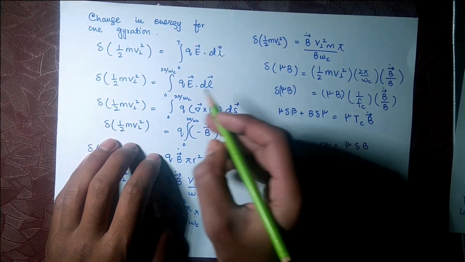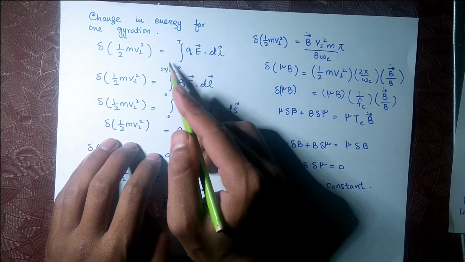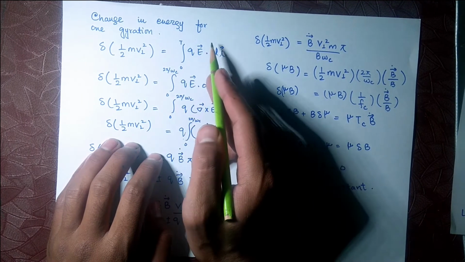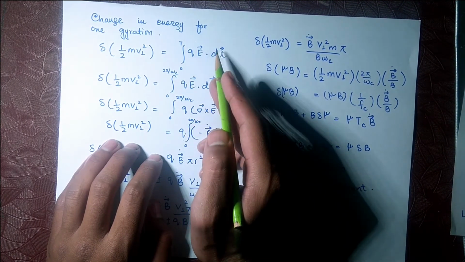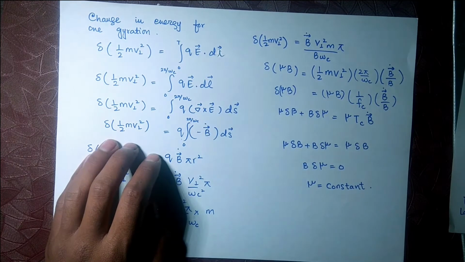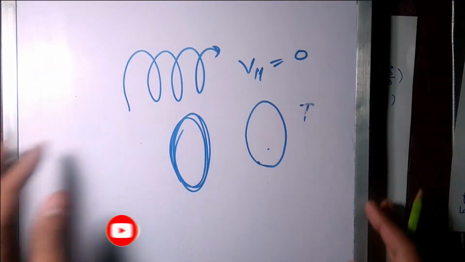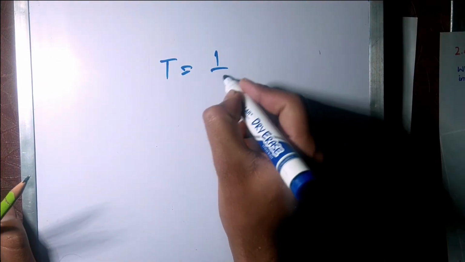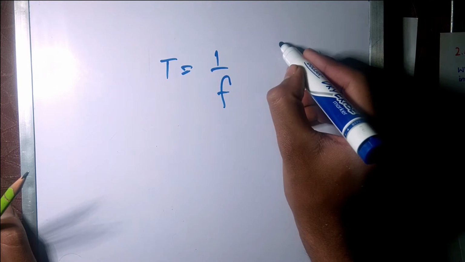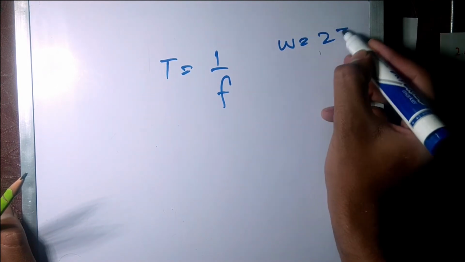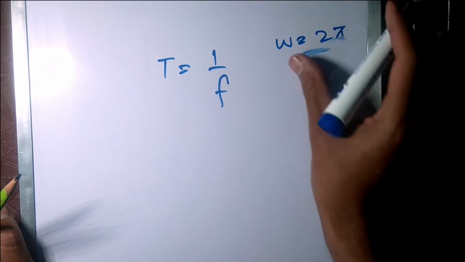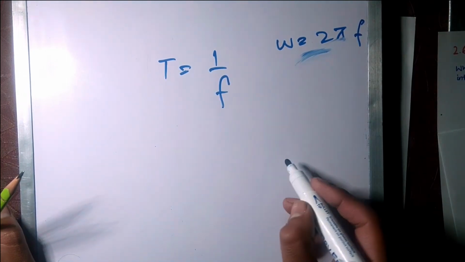Okay, so we know that T equals 2 pi over omega c. We have a relation between omega and f. T equals 1 over f, and omega equals 2 pi f.